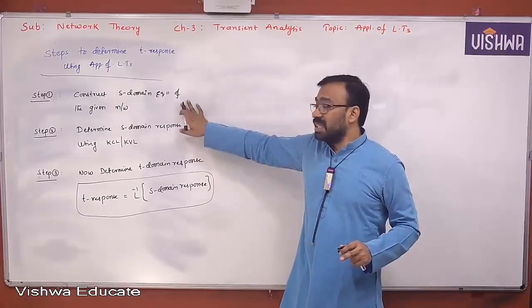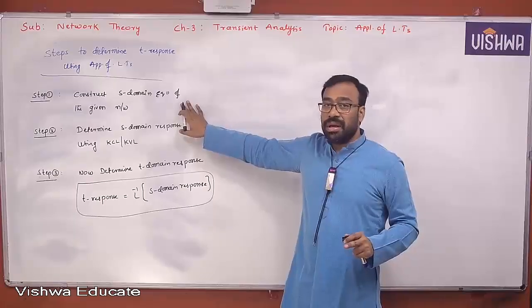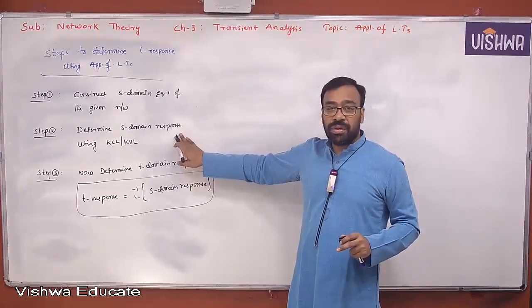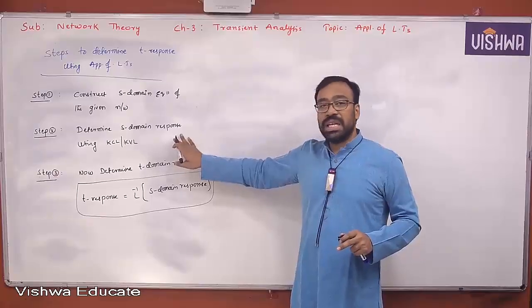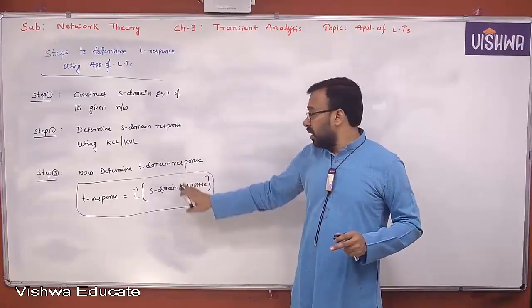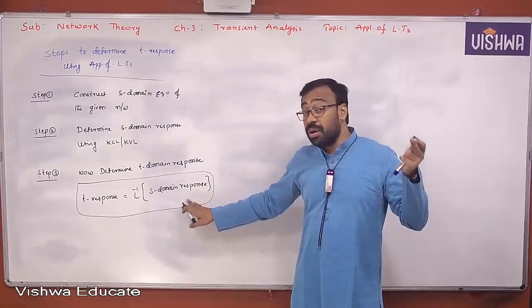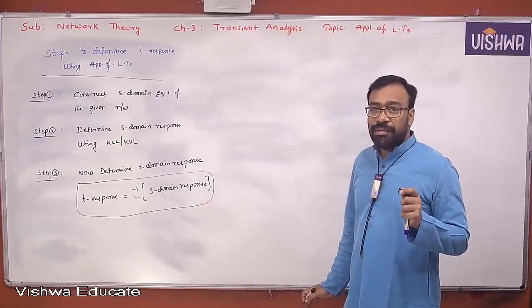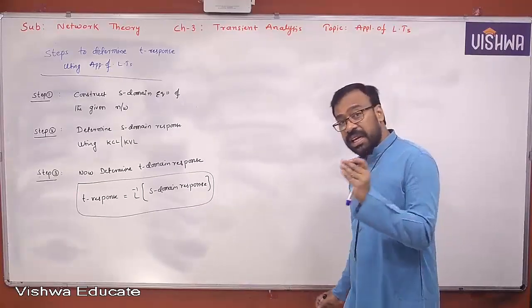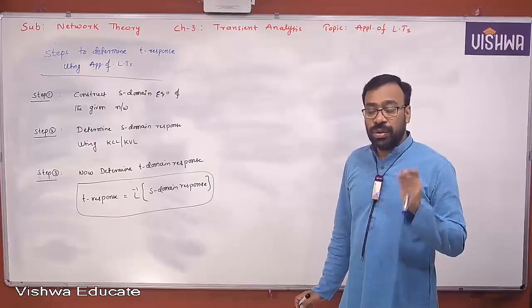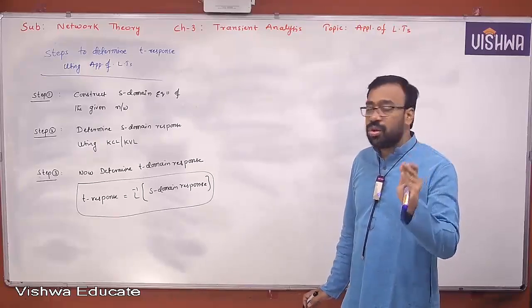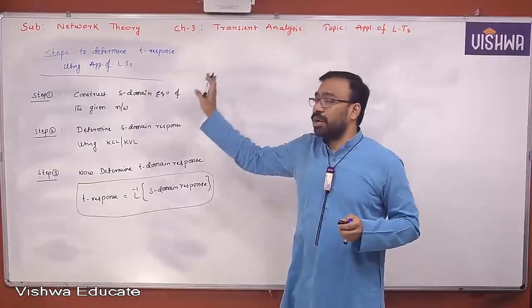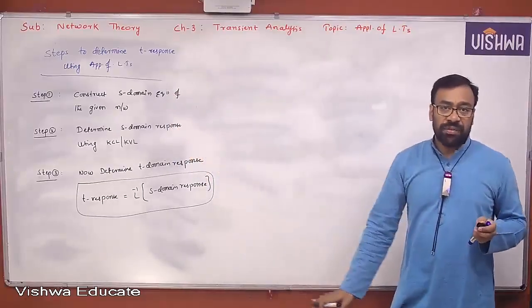Constructing the equivalent network is time consuming, finding the response using node or mesh analysis takes a lot of effort, and inverse Laplace transformation takes even more time. Yes or no, all of you? That is why, for the second category of problems I explained, only in those cases do you apply this S-domain equivalent circuit approach. Understand, all of you?